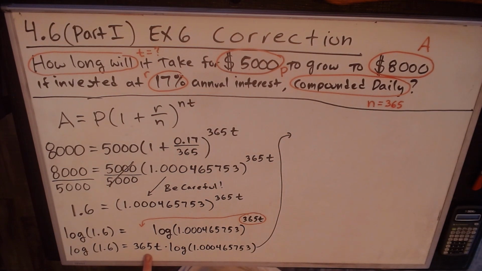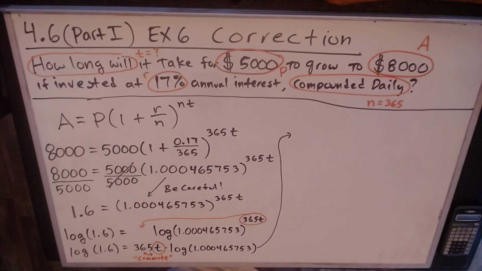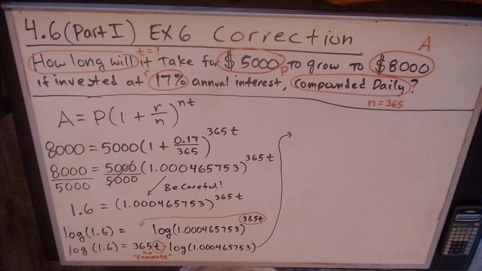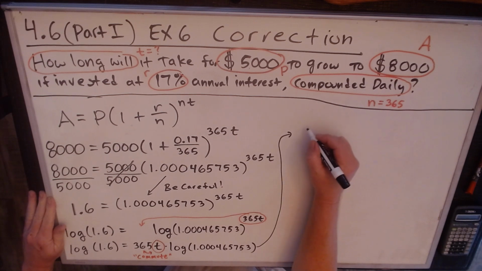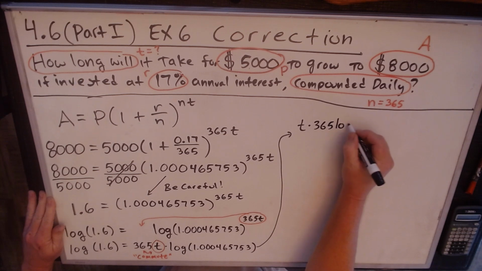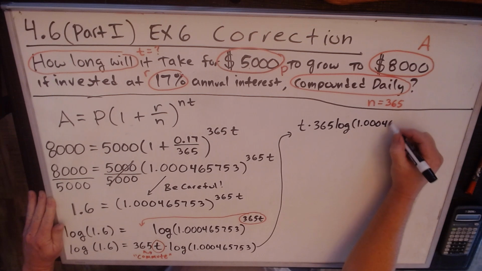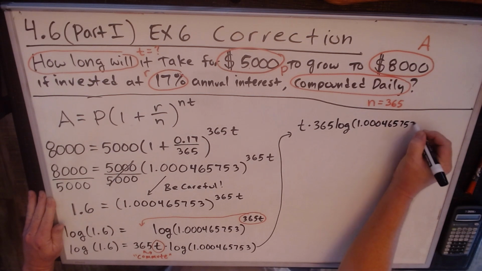Okay, let's see if we can finish the problem here. Here's a little trick I like to do. We're solving for t, so I just like to rearrange the order here using the commutative property of multiplication. So I can just reverse the order there. And I'm actually going to write it like this just to save space. t times 365 log of 1.000465753.